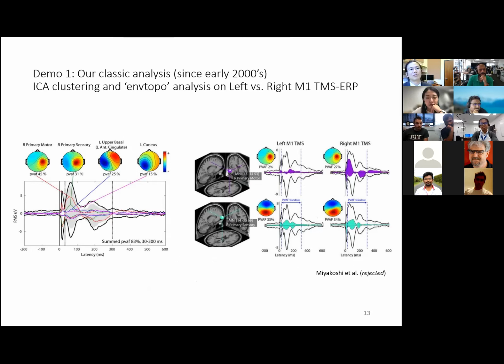As I said, the Swartz Center for Computational Neuroscience has been making its own paths by using ICA and developing ICA-related theories and applications. So I can show you how ICA can be used in these examples. In the left plot, this is what we call the envelope topography analysis.